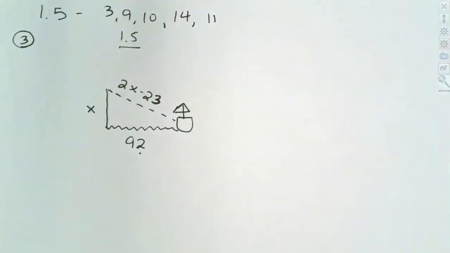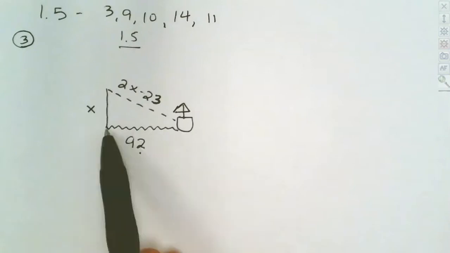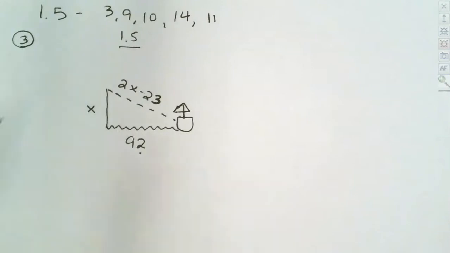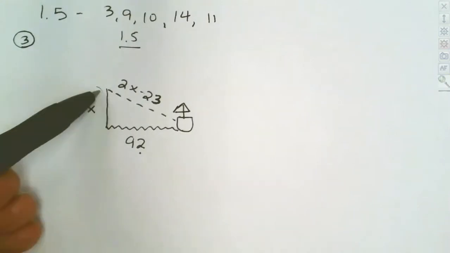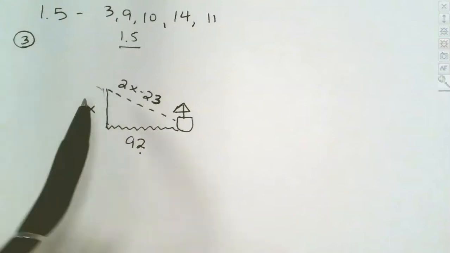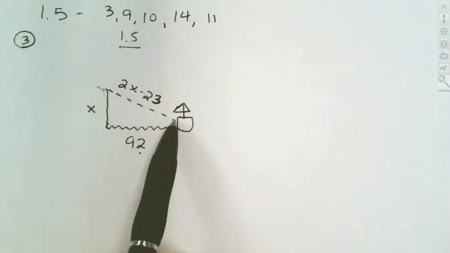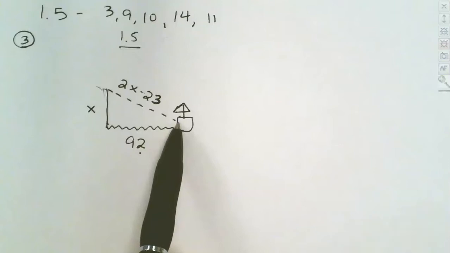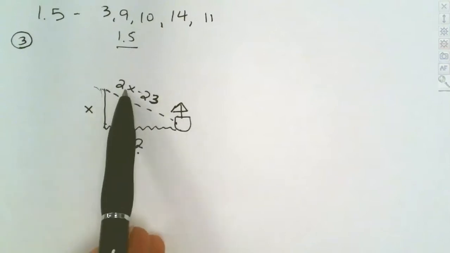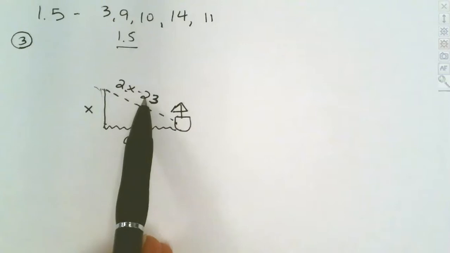Is everyone okay with that so far? You kind of see what I did. So we know it's 92 feet across to the boat. This is the height of the cliff. We don't know. Now we're going to send a rope out to this boat. And it says that rope, when we read it, is twice the height of the cliff. So there's 2x. Less means subtract that 23.